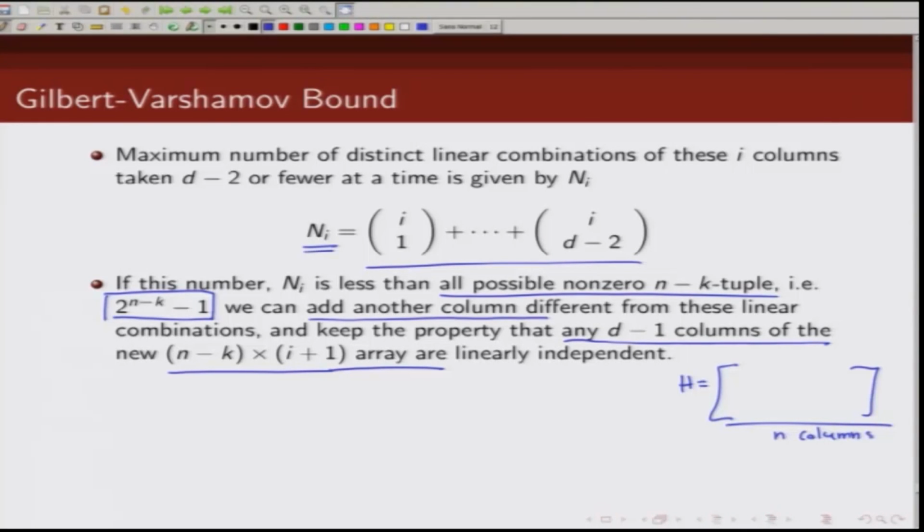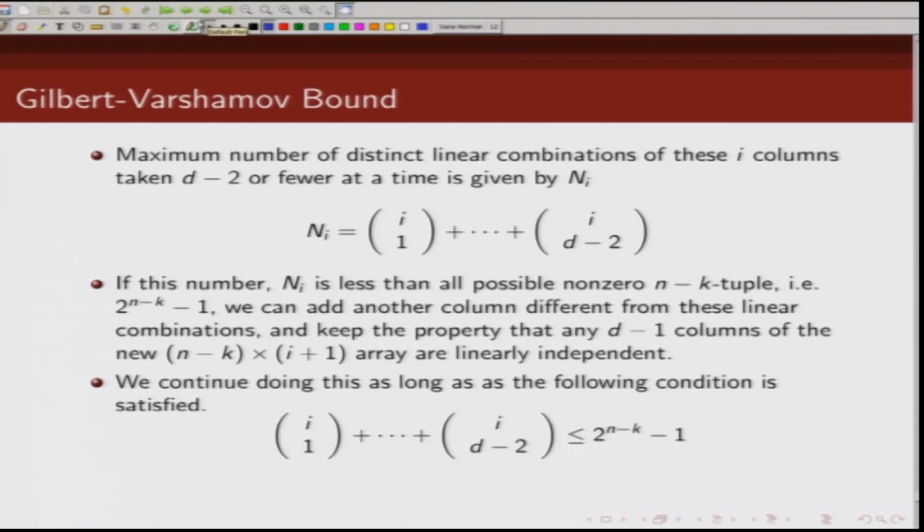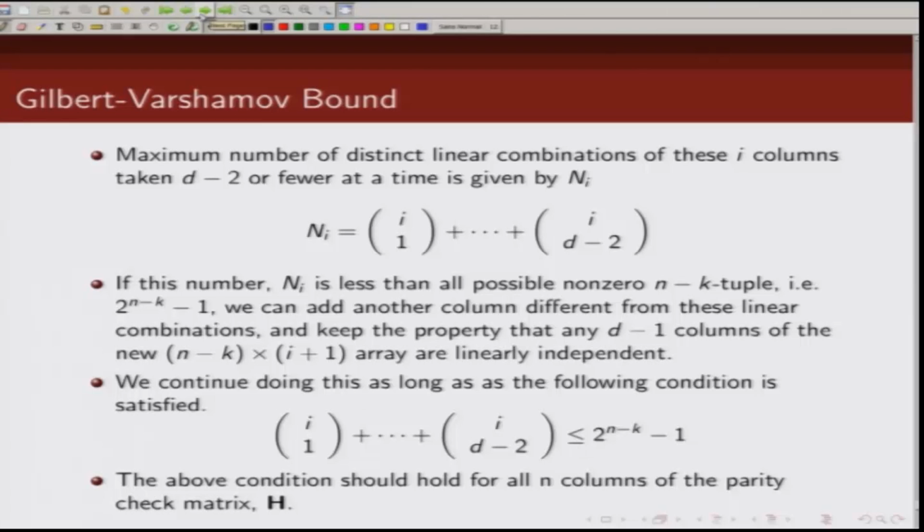So, this property that I mentioned here should hold for i equal to n. So, we continue doing this. What we want is that this number N_i should be less than 2 raised to the power n minus k, minus 1, and this should be true for all the n columns of the parity check matrix.